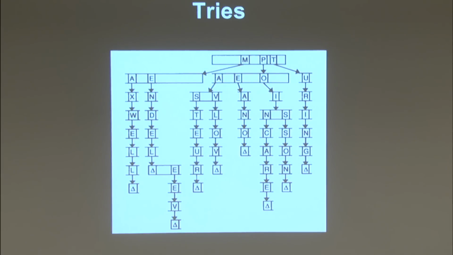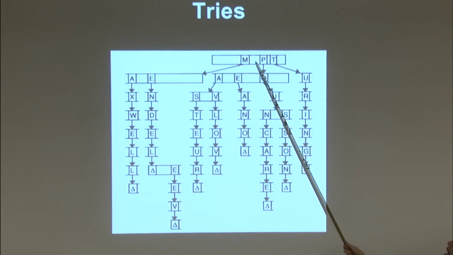So the way to think about a try is that every level here is an array of letters. And this is your root node here, right? This has all the characters of the alphabet for the start of your word. And what you want to do is you say, okay, we have some M word. We're going to look for Maxwell.